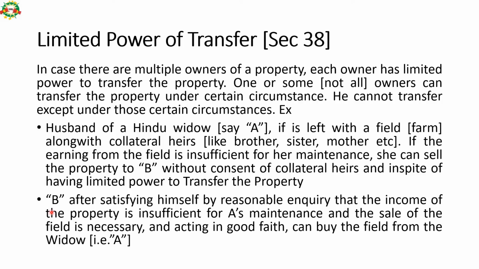B, after satisfying himself by reasonable inquiry that the income of this property is insufficient for A's maintenance and the sale of the field is necessary, and acting in good faith, can buy the field from the widow. That is A.